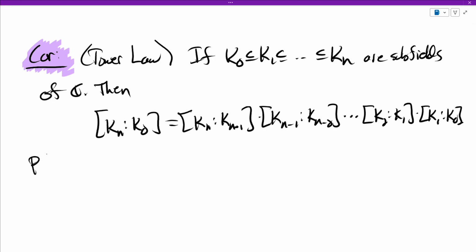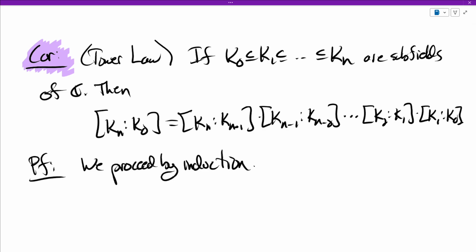And the proof is a direct application of the short tower law. So we proceed by induction. And as a pro tip for induction, if you can start something at n equals 0, start it at n equals 0. So if n equals 0, what does this say?